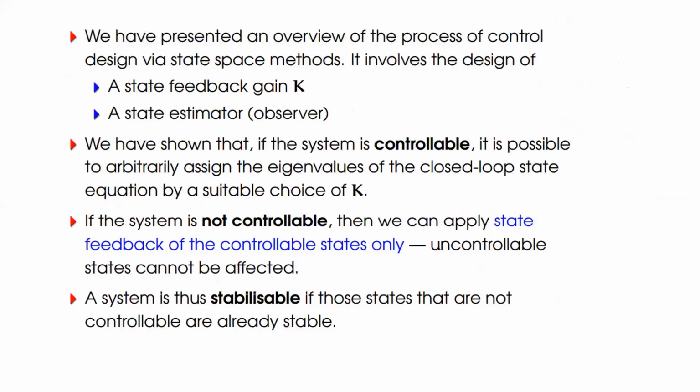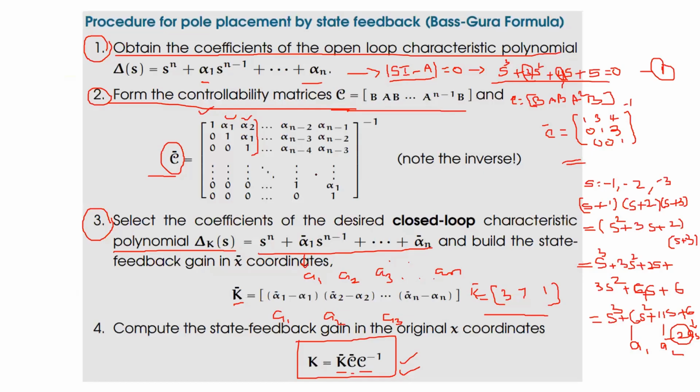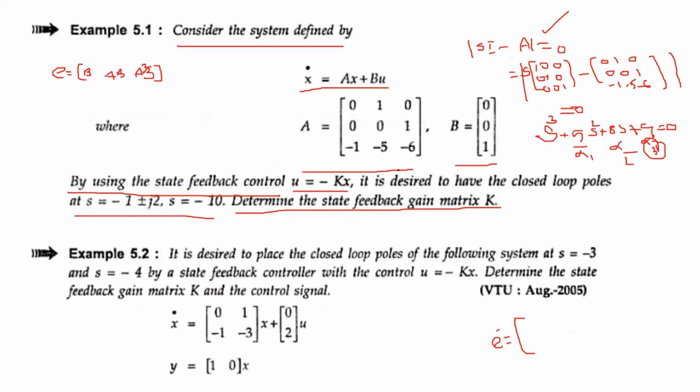There only up to alpha 2 is used. So coming to over here: 1. What is alpha 1? It is 5. What is alpha 2? It is 8. Again 0, 1, 5. The next one is 0, 0.